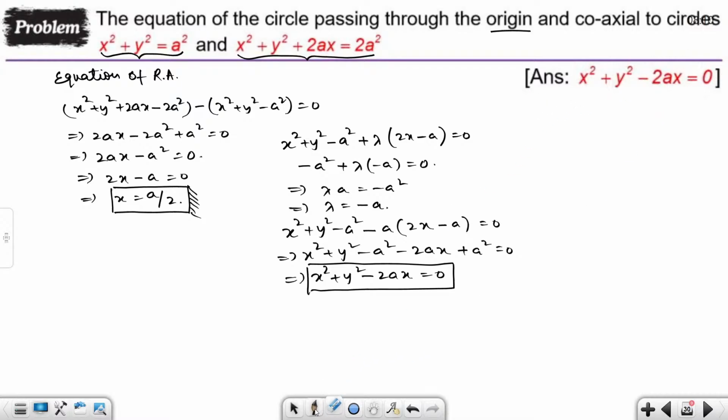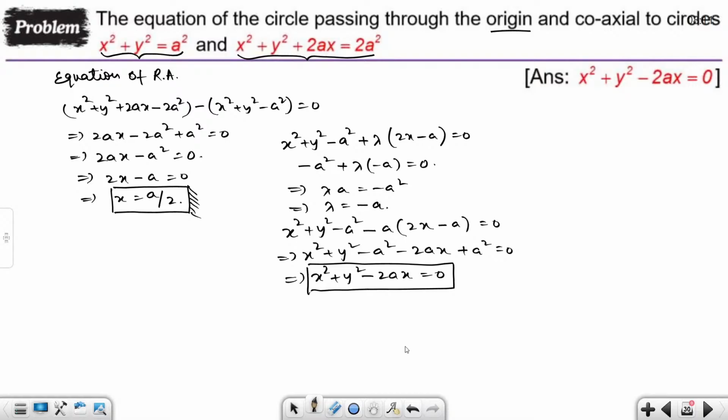So let me just tell you what I have done here. The question is find out the equation of the circle passing through the origin and coaxial to these two circles. Any circle which is coaxial with these two circles is basically the family of circles which are passing through the point of intersection of any one of these two circles and their radical axis. So that's exactly what I got.